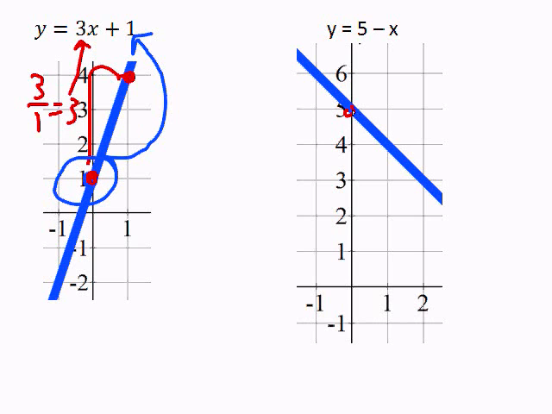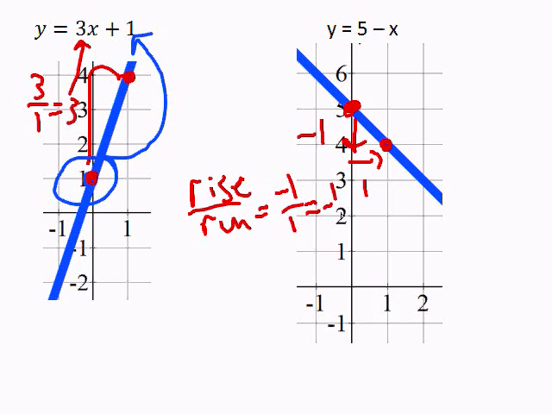Your rise over run, pick 2 points. You had to go down 1 and to the right 1, which means your rise over run equals -1 over 1, or just -1. But do you see -1 show up anywhere in your equation? The answer is yes.